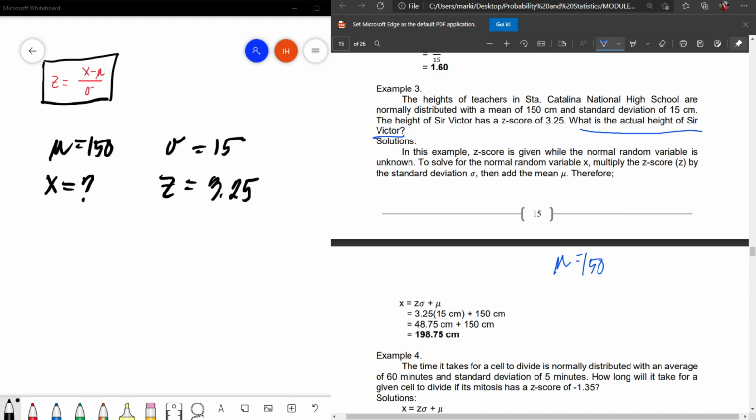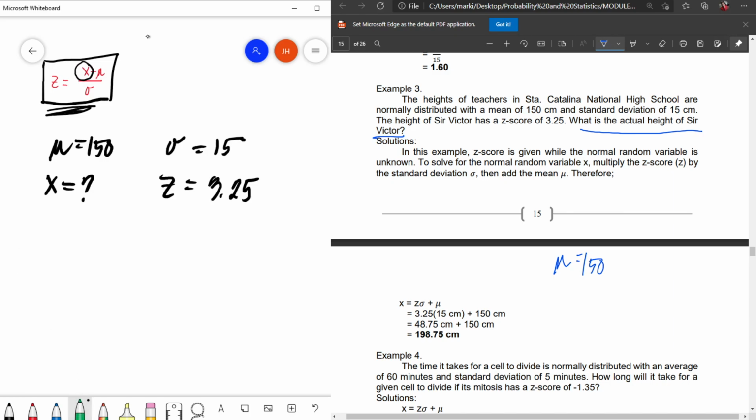So remember this formula. We're going to derive this because we are looking for the value of x. How do we get that? z equals x minus the mean over the standard deviation.